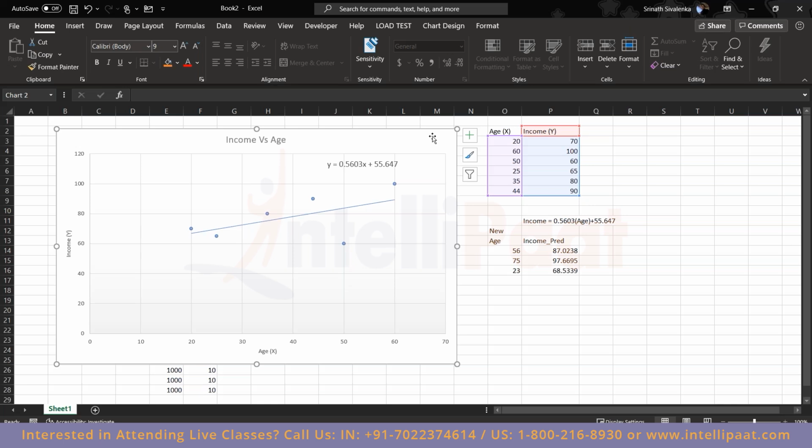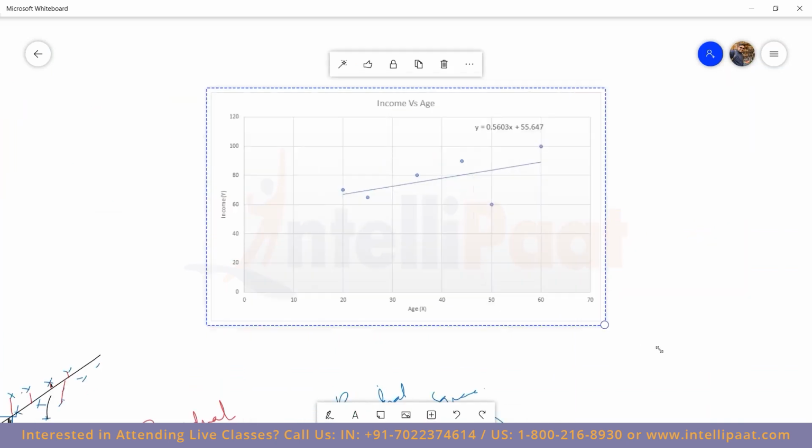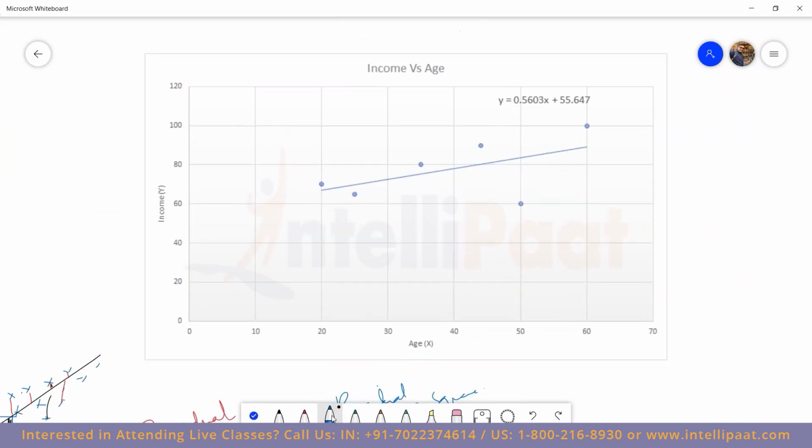When I say curve fitting, you would basically have something that looks like this, something that looks like that, which connects all those data points.